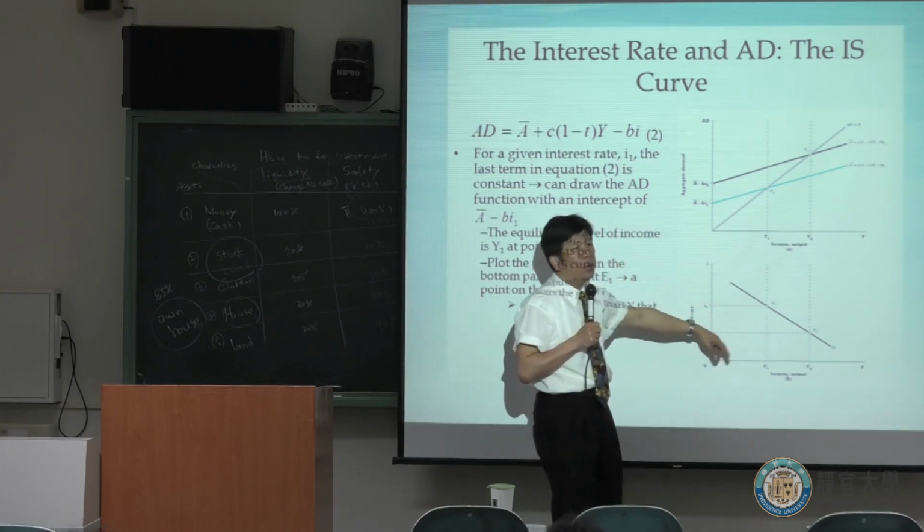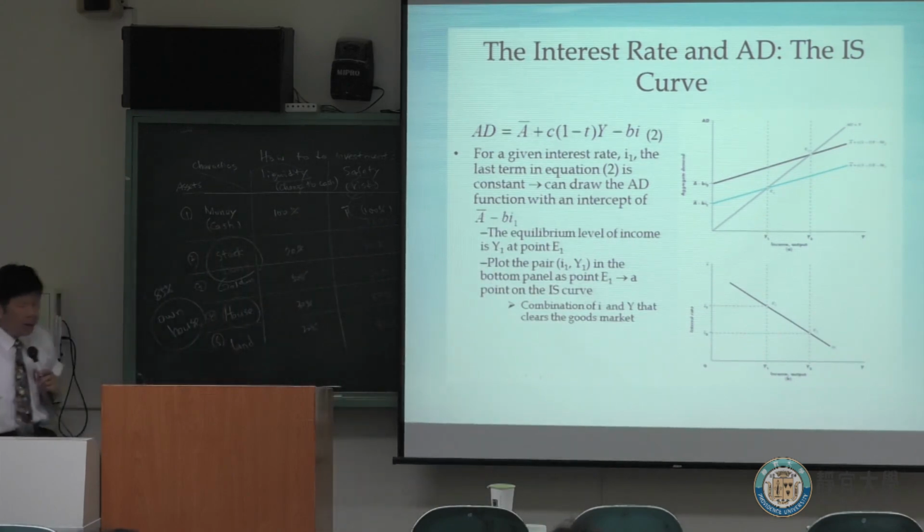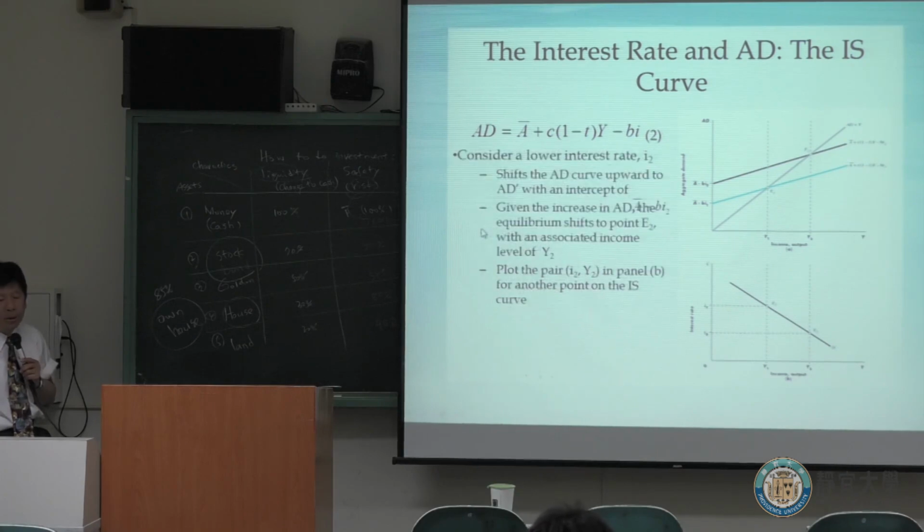And we can also draw this result, maybe next time we can show you something different. How to find the IS curve. This is only one choice, and we got this result.